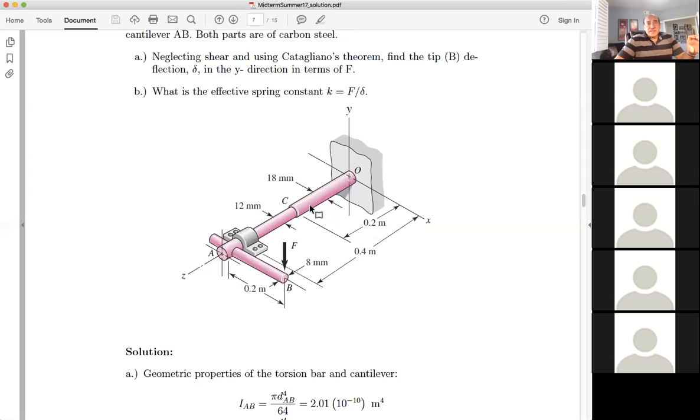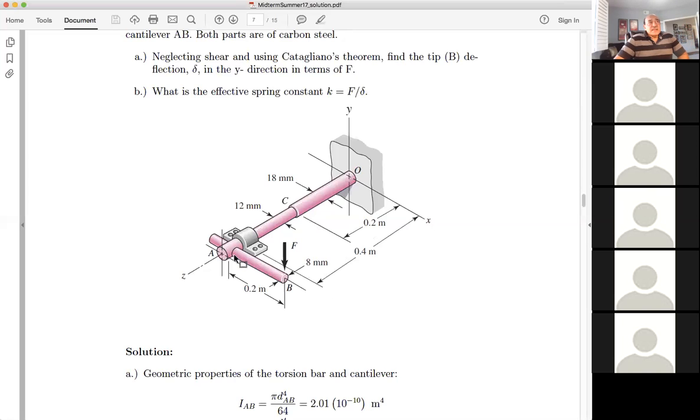And then we have a thick part of the shaft, so it's not going to twist a lot, and therefore it's going to store less. So I predict that the energy stored in CD is going to be small, and the energy stored in AC is going to be kind of medium, and the energy stored in AB in bending is going to be large. And then I have to add the contributions of these three and take the derivative.